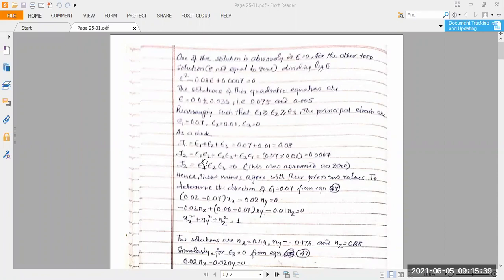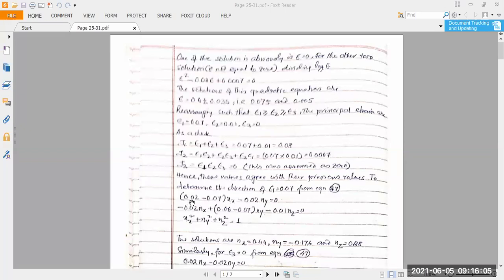And J2 equals epsilon 1 epsilon 2 plus epsilon 2 epsilon 3 plus epsilon 3 epsilon 1, and if we put these values it equals 0.0007, and J3 is almost equal to 0. This was assumed as 0, but in the earlier problem we said it is 0.507.